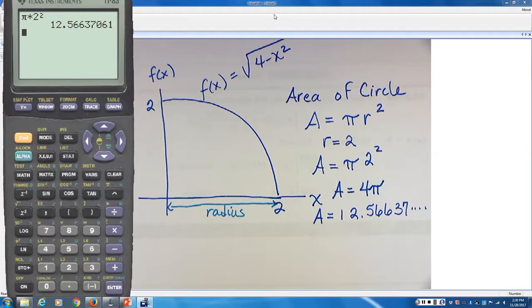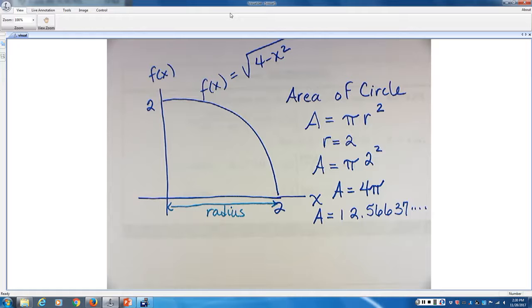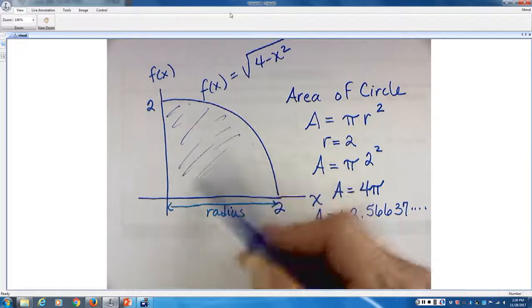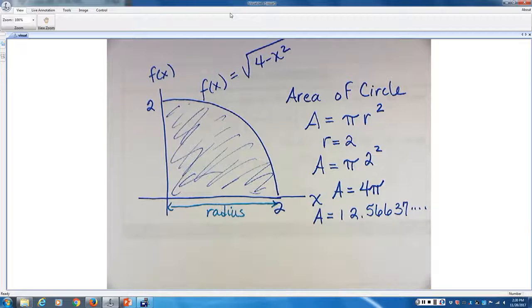And that's enough decimals for us to be able to make a comparison. Okay, so that's the actual area. That is the exact actual area.